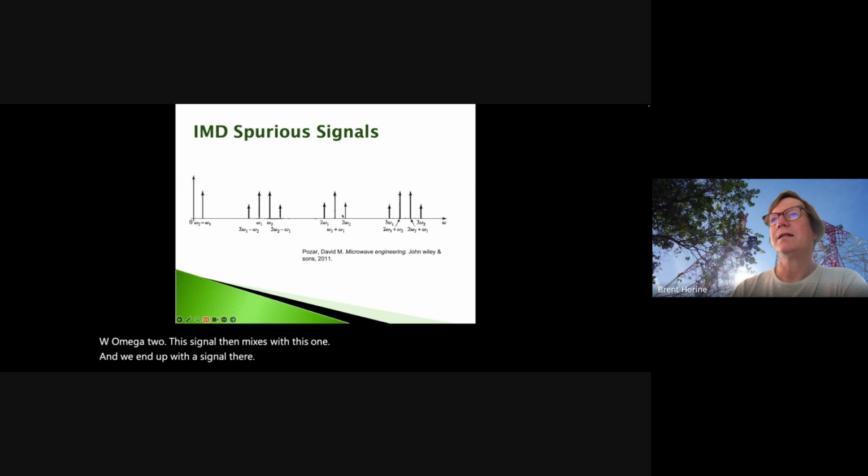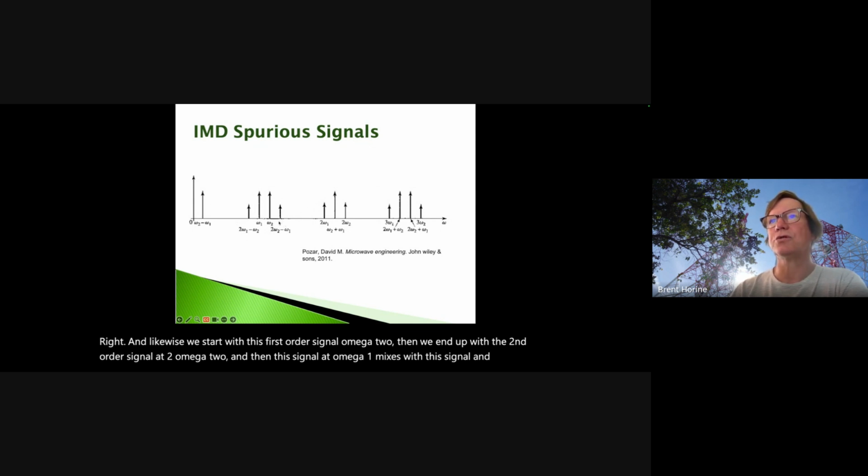And likewise, we start with this first order signal omega 2, then we end up with the second order signal at 2 omega 2, and then this signal at omega 1 mixes with this signal and creates this third order signal at the difference of this frequency and this frequency, which lies very close.